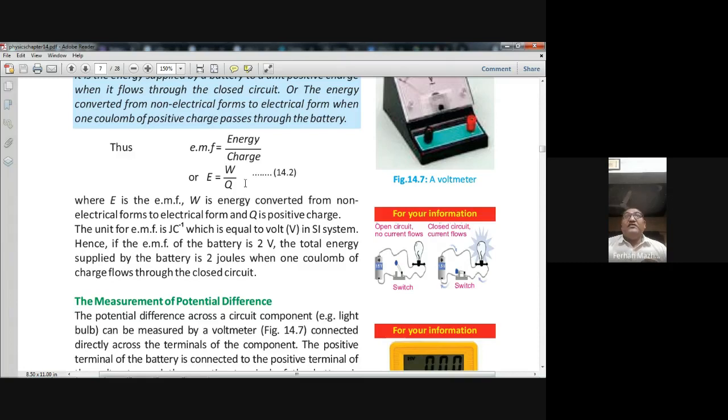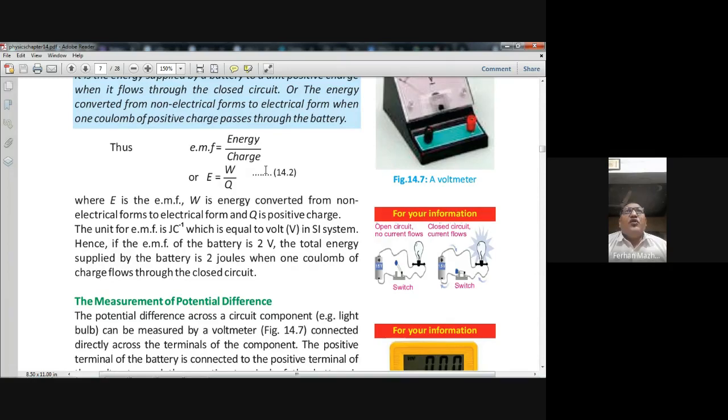The unit for the EMF is volt, and another unit used for the EMF is joule per coulomb. Joules for the energy and the coulomb for the charge.